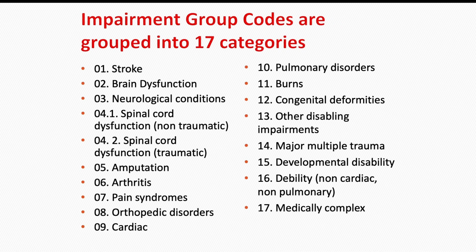Impairment group codes are grouped into 17 categories. 1. Stroke. 2. Brain dysfunction. 3. Neurological conditions. 4.1. Spinal cord dysfunction, non-traumatic. 4.2. Spinal cord dysfunction, traumatic. 5. Amputation. 6. Arthritis. 7. Pain syndromes. 8.